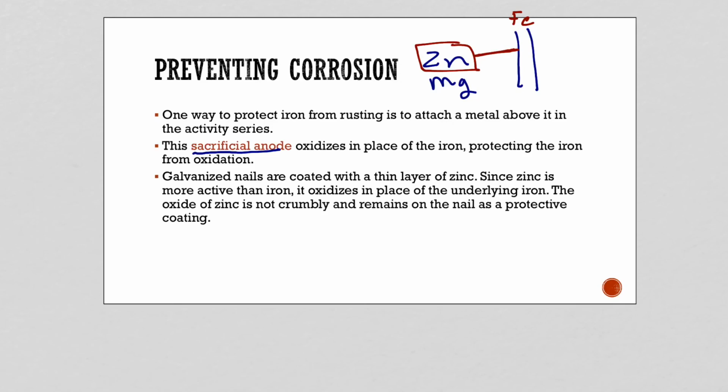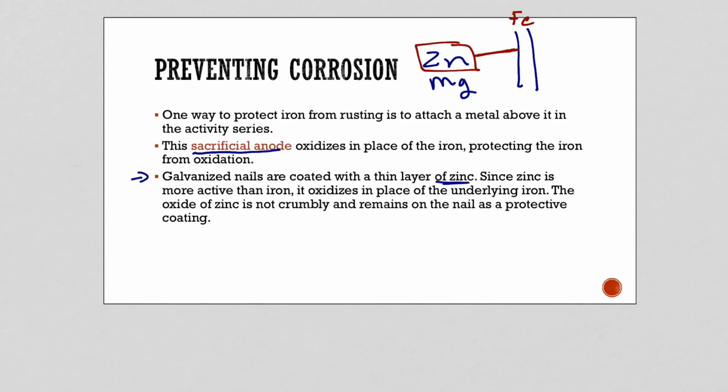Now, a specific application of this that some of you, I'm sure, are aware of is the process called galvanization, right? We do this often with nails and other small parts that are used in outdoor construction, right? Decks and so forth. And what it does is coat iron with, again, zinc here.